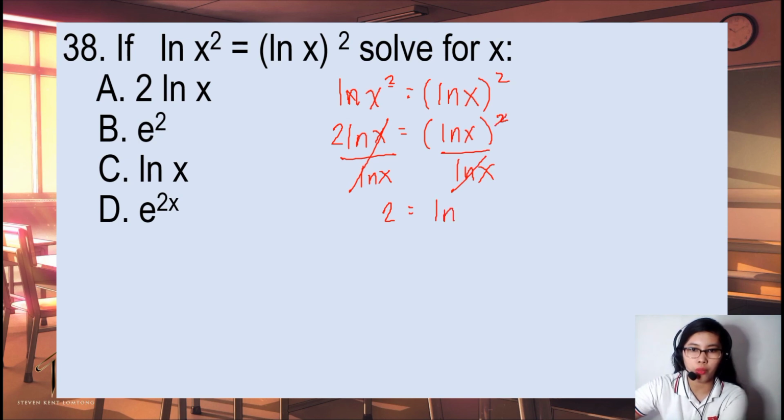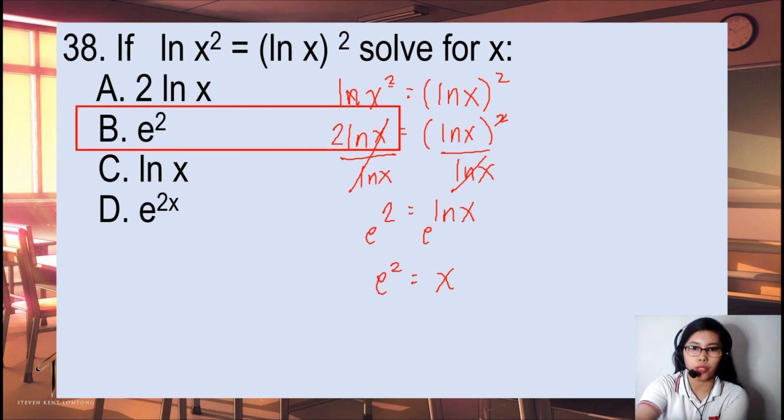So we have 2 is equal to ln x. Now, to find the x on the right side, we just have to put an exponential function on both sides. So we will have e raised to 2 is equal to x. And that is our answer.